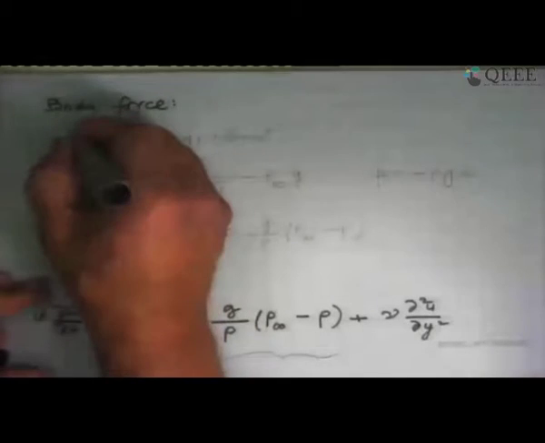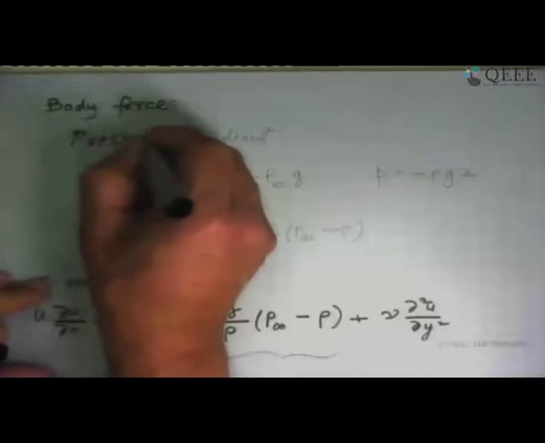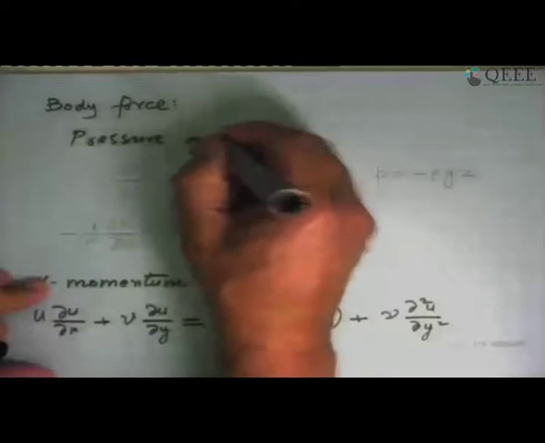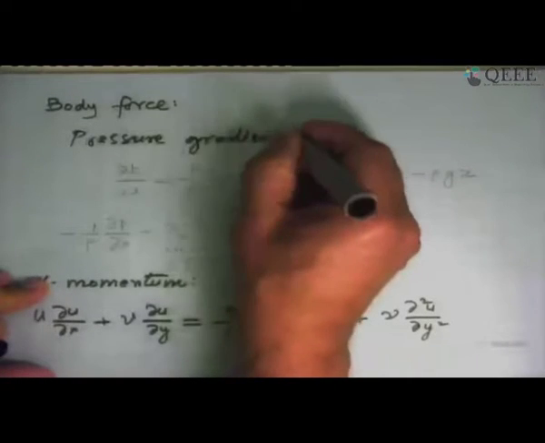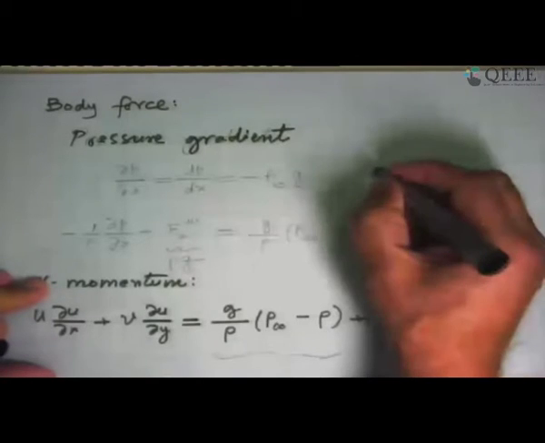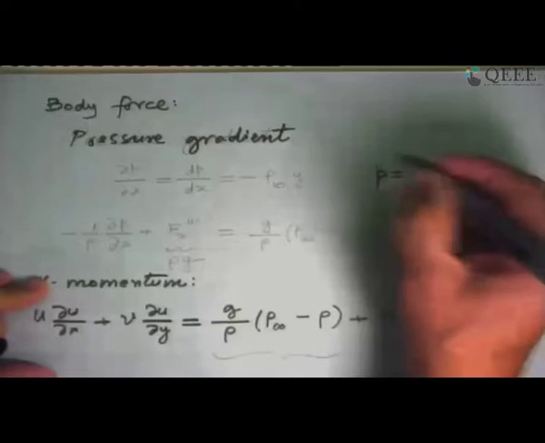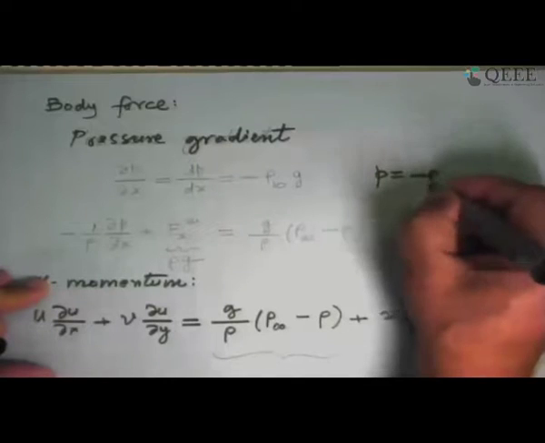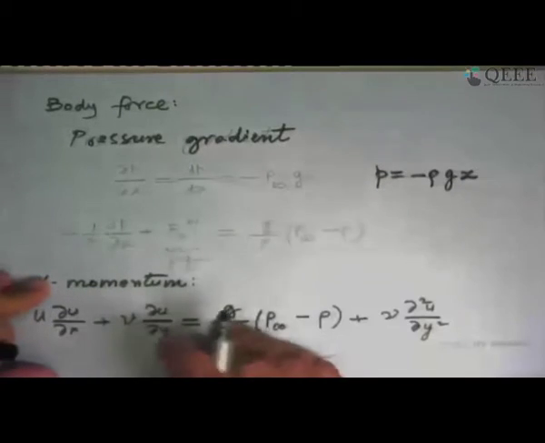So we now relook at the body force term and we say, well, what happens? Well, we have just seen there is a pressure gradient being set up, where we know that dP dx is equal to, in this case, x was going in the up direction, rho Gx.